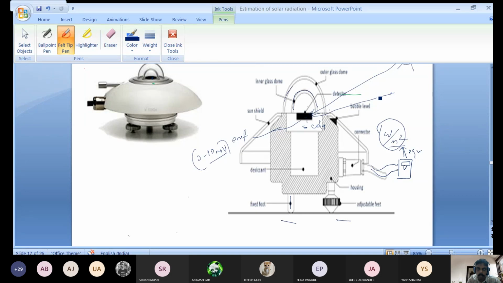It is clear glass with maximum optical characteristics, transmittivity and so on very good. This construction also has an adjustable leg, housing, adjustable leg, etc., for proper placing of the instrument.